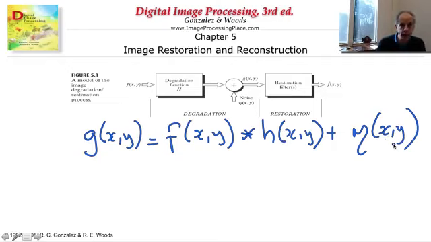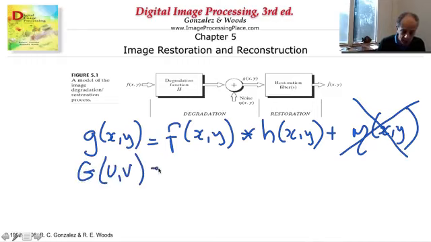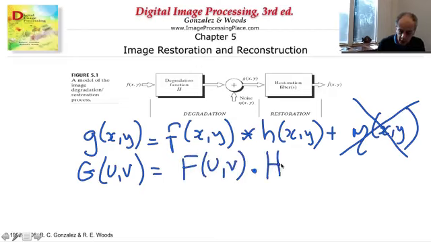But before we discuss that, why is this important? Let me illustrate it with a very, very simple formula. For that, let's assume for a second that we don't have any noise. We're going to take the Fourier transform of this, and the Fourier transform is G(u,v) equal to F(u,v) times H(u,v).